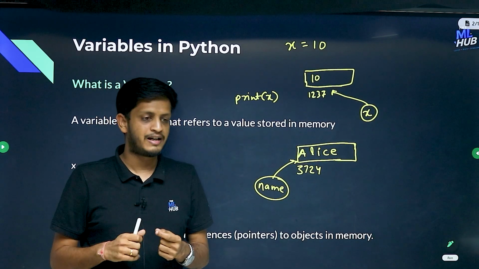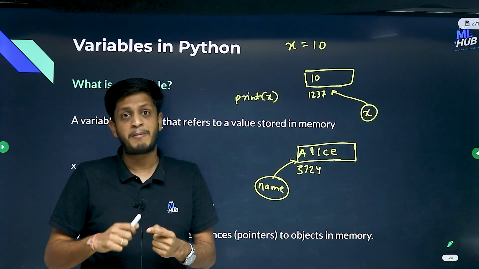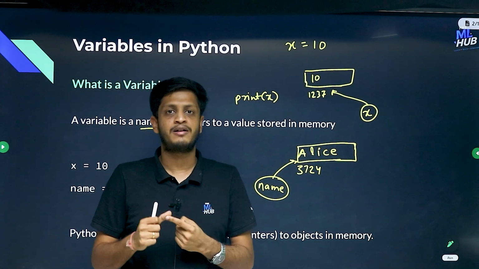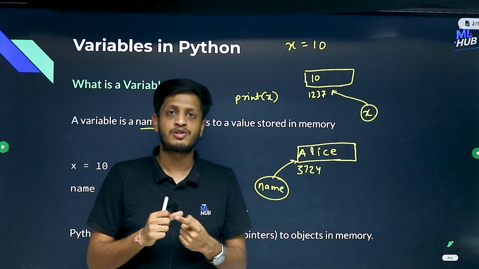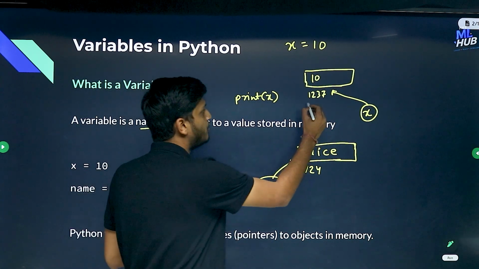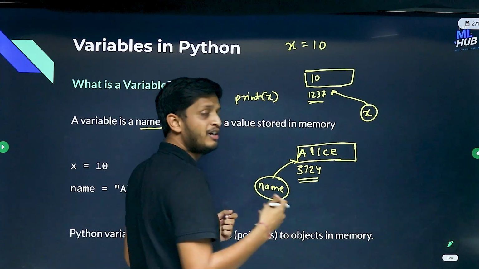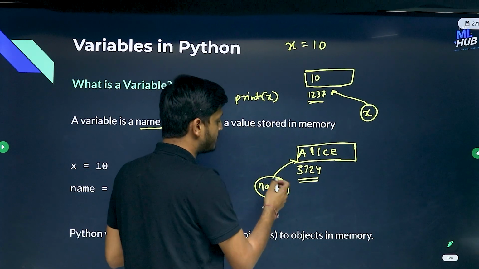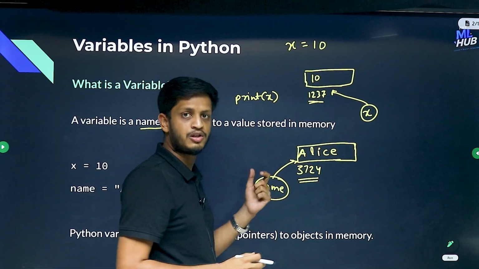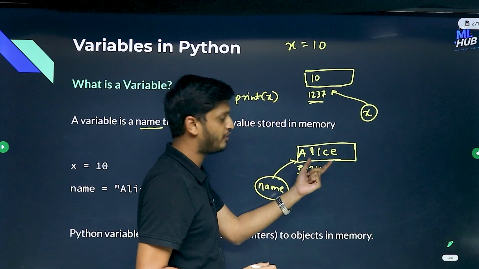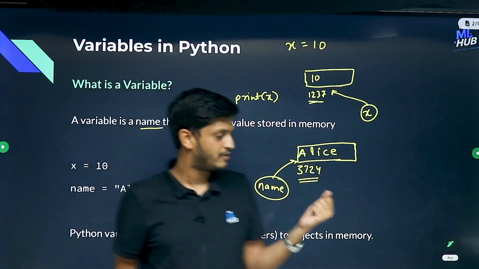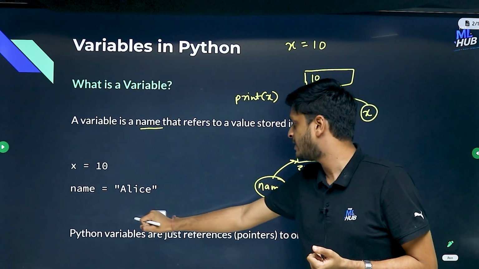For a human, it's easier to remember human-readable names and then access those particular memory locations via names. We cannot work with these memory locations directly; it would be very difficult for us. So we name these memory locations, and the compiler also knows all these names, and it can refer to that particular memory location and extract whatever is there. Okay, so this is what a variable is.